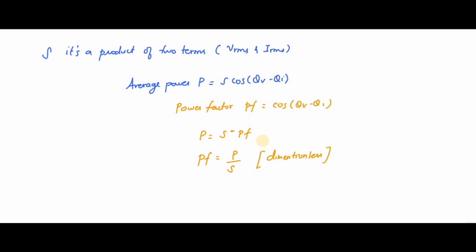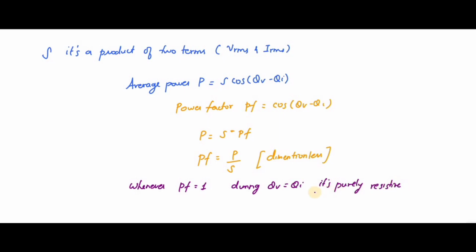Whenever PF is equal to 1, that will happen when del V is equal to del I. So del V is equal to del I means it is purely resistive, right?